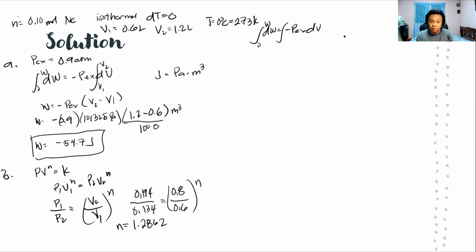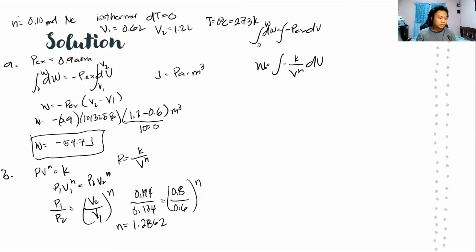So P, but we have it actually here. P is equal to k over V^n. So I just transposed a V to the other side. So you have k over V^n dV.